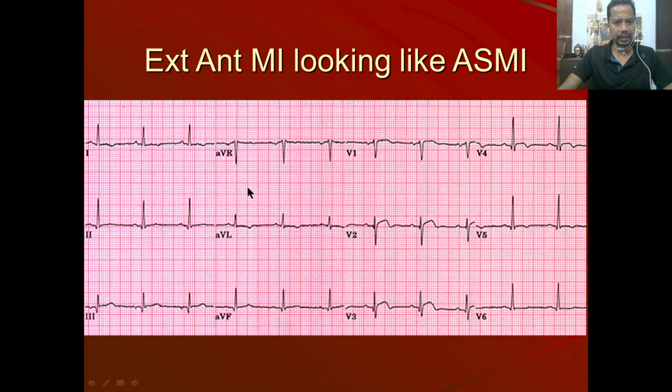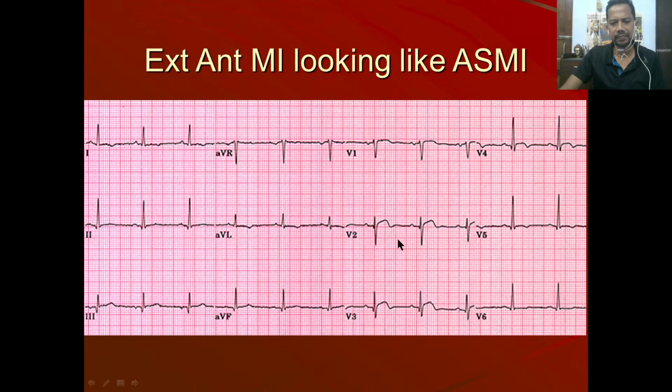So this is extensive anterior MI, but if you are very busy and you just look at a glance, you might just say, oh, this is anteroseptal MI. That is also serious, but patient has changes in so many leads: coving, flat T, Wellens, high LAD block. Biphasic T is Wellens.